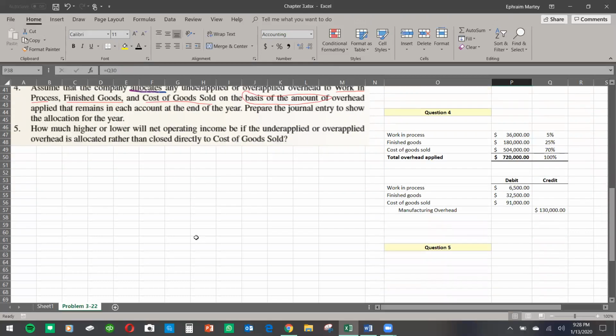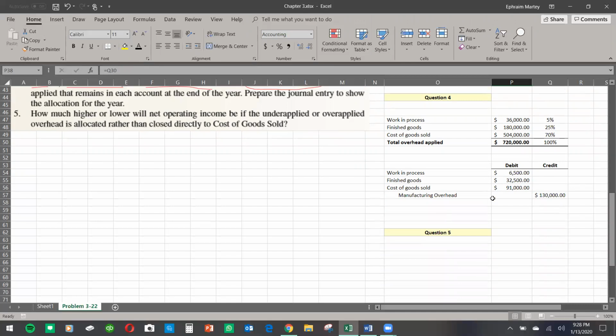Now let's finish with the number 5. How much higher or lower would net operating income be if the under-applied or over-applied overhead is allocated rather than closed directly to cost of goods sold?